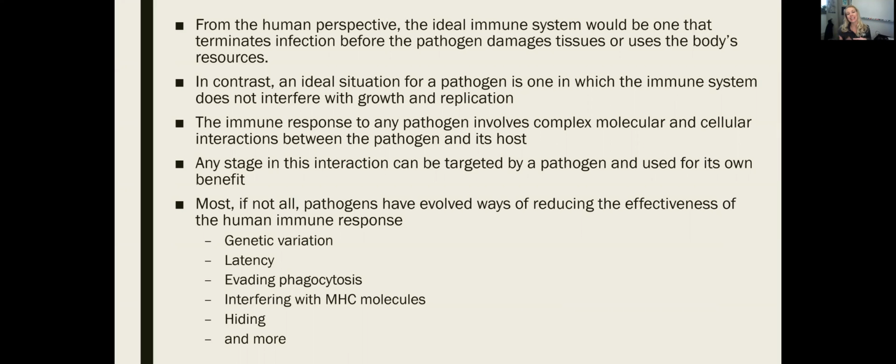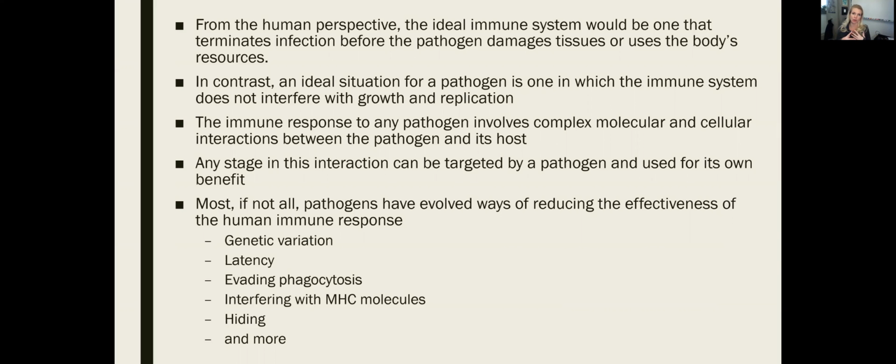So some of the big ways that pathogens tend to do this is by varying their genetic components. So changing up their genes, maybe looking a little bit different each time they infect a host. Maybe once they get into a host, they lie in a dormant latency phase. They prevent phagocytosis of their cells.